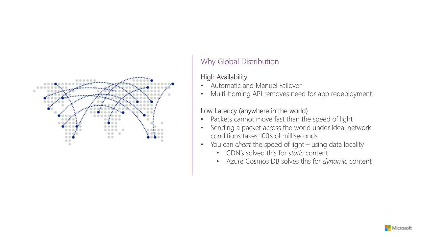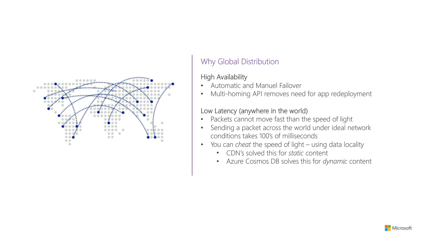Well, one way of doing this is you set up replicas across the world, but there's actually a more interesting scenario here to discuss. And this is made possible by 2 things. Number one is we have a write-optimized database. Number 2 is we have a tunable consistency model to give you read predictability. Basically, you cannot cheat the speed of light.